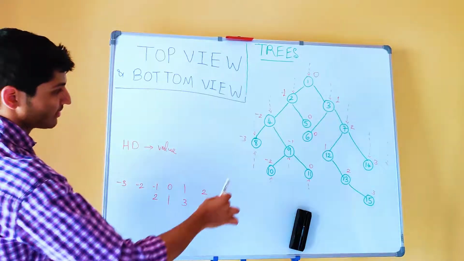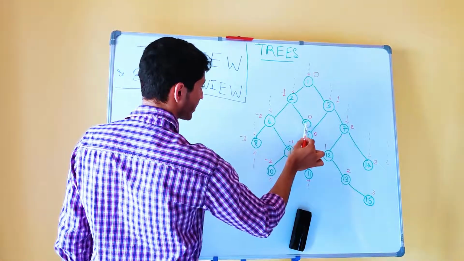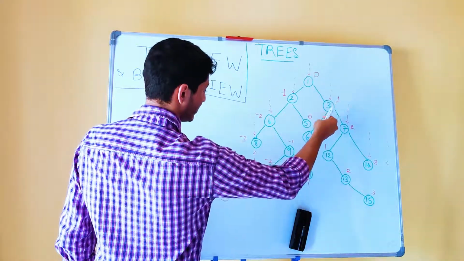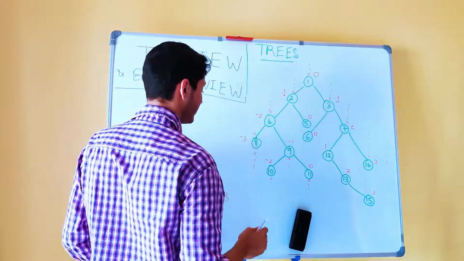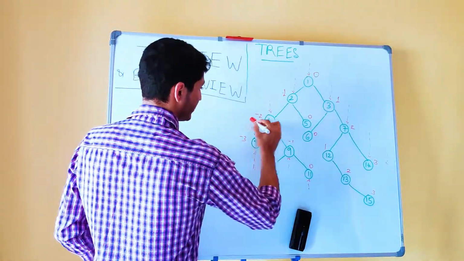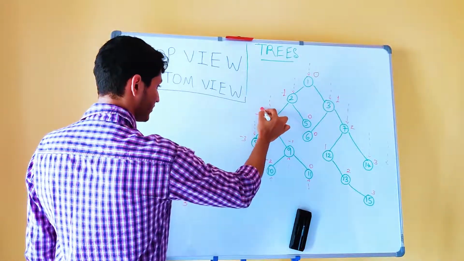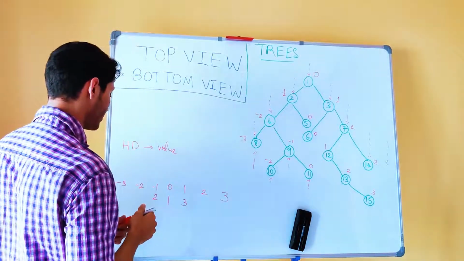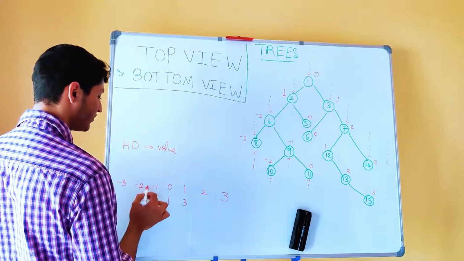Now coming to the next level, the elements are 4, 5, 6 and 7. For simplicity's sake, I have written 6 to the bottom of 5. For 4, the corresponding horizontal distance is minus 2. Minus 2's mapping is empty, so we fill it with 4.